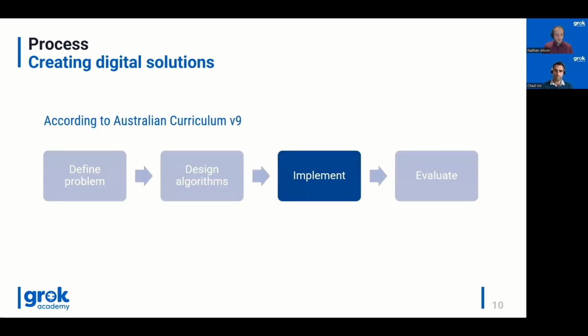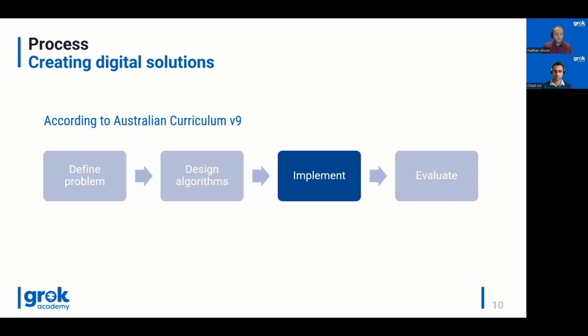We showed this sequence in the previous webinar, and the Australian curriculum version 9 and 8.4 for that matter has this big idea of creating digital solutions. And we go from defining the problem that we're looking to solve or the opportunity we're addressing, working out what we want to do. Then we do some design work, designing algorithms in this case.